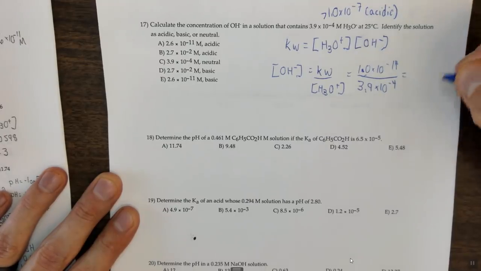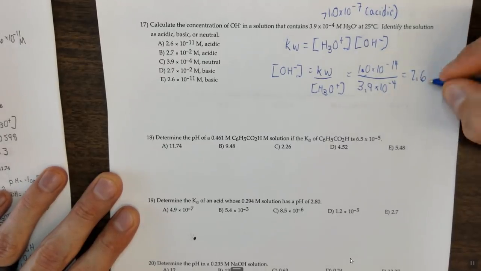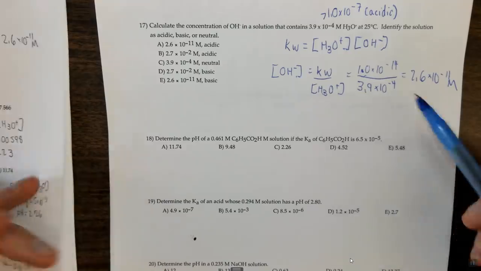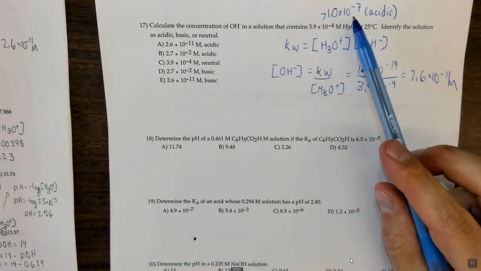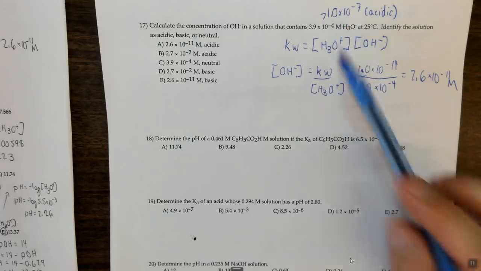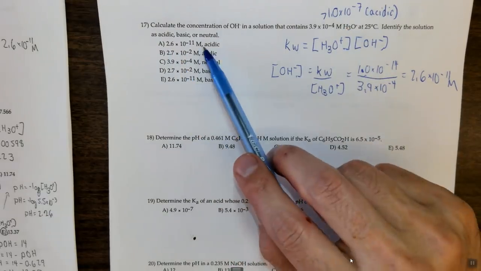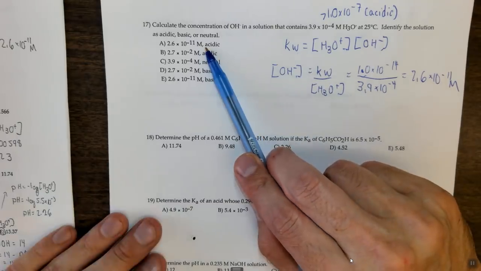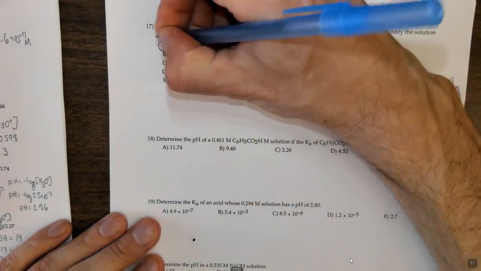When you do that math, you get 2.6 times 10 to the minus 11 molar. So this solution is acidic, and the concentration of OH minus is 2.6 times 10 to the minus 11 molar, which is choice letter A.